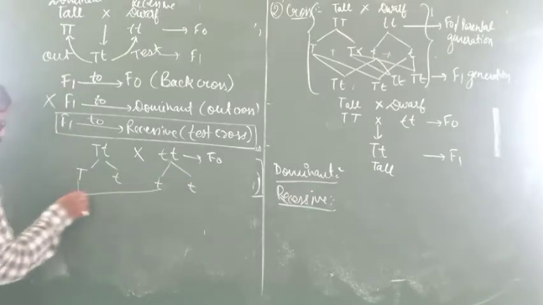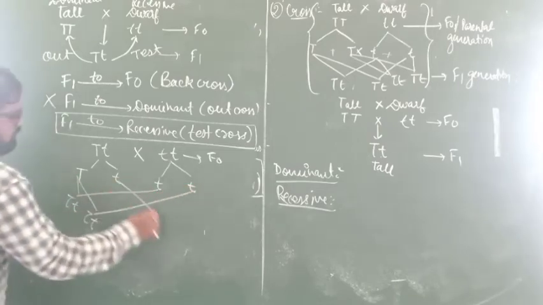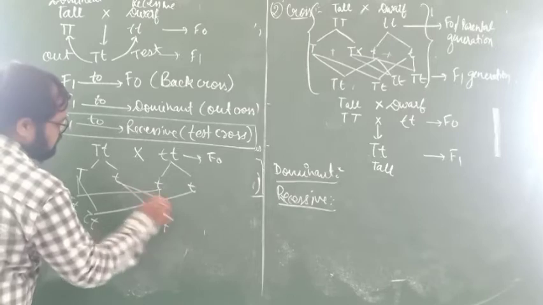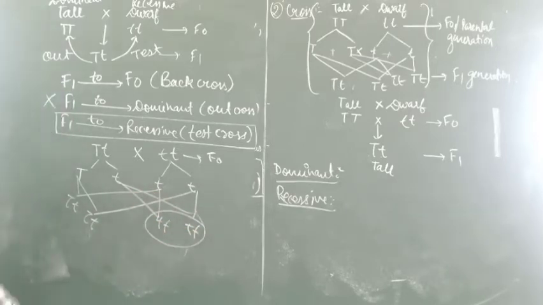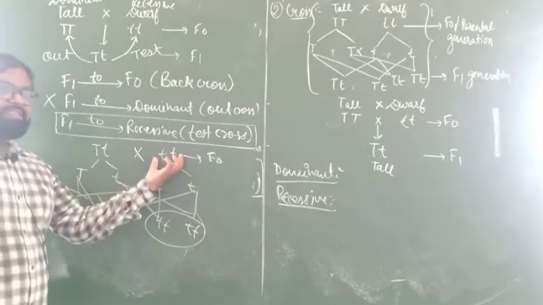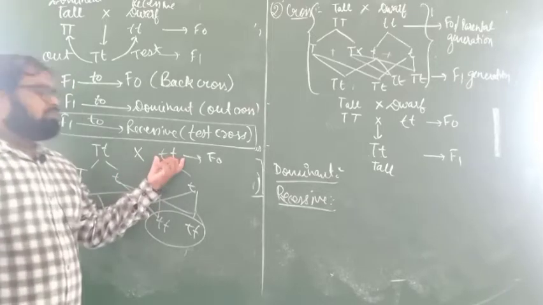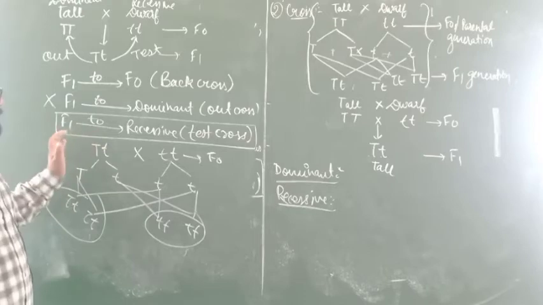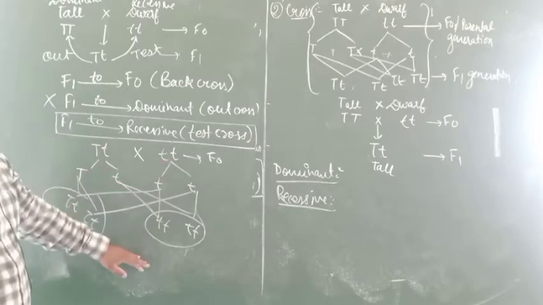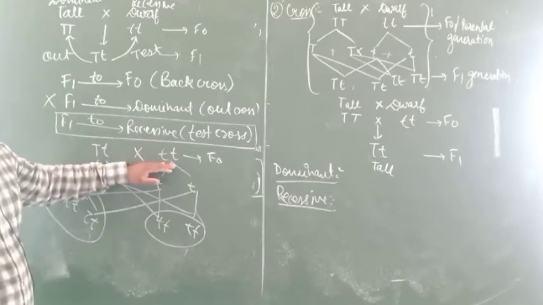So here we cross capital T small t, capital T small t, small t small t, small t small t. Here we see that if we want to obtain the maximum number of recessive characters, then we will do this test cross.